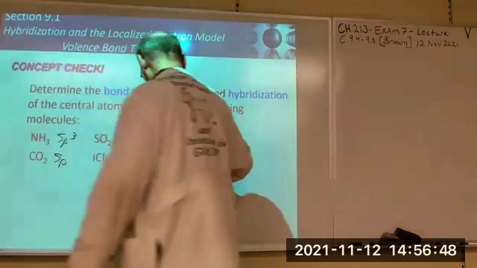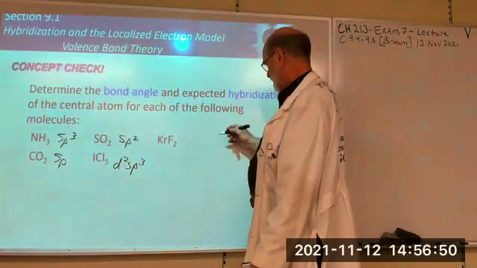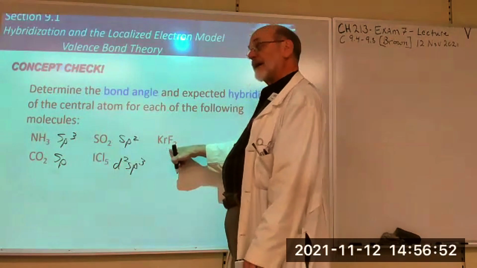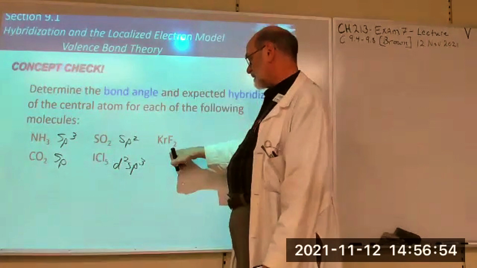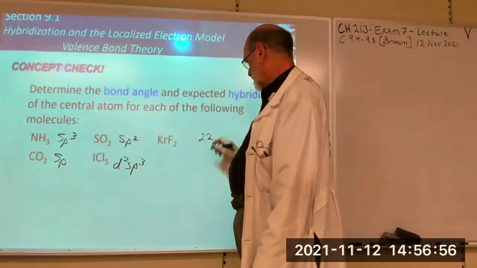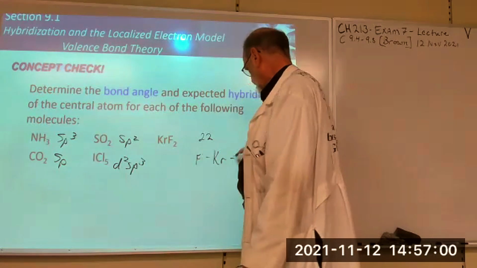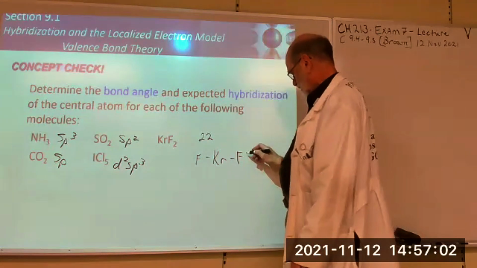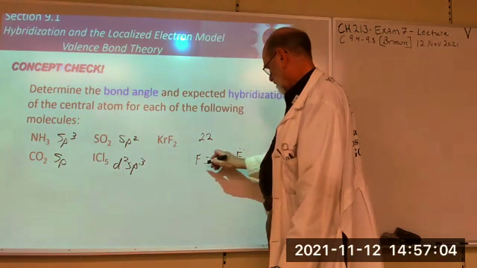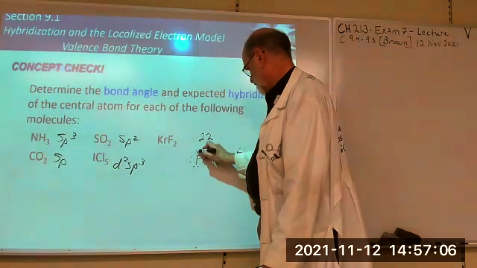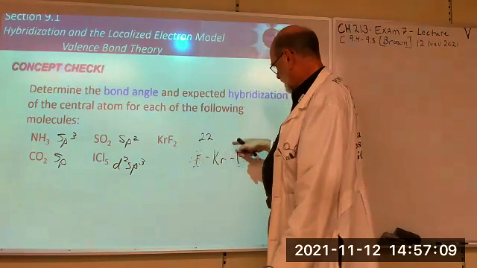How about this one? Krypton difluoride. So that's 8 and 14 is 22. That's 8, 16.